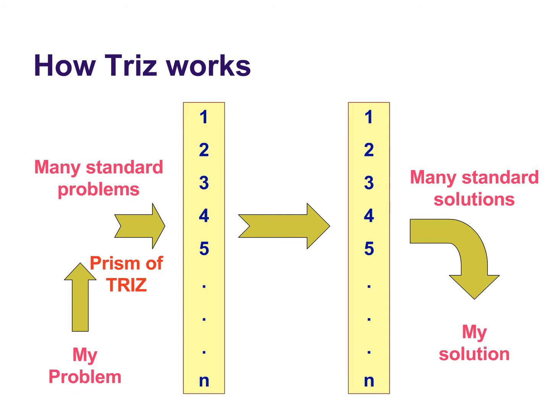So when we decompose our unique problem into many standard problems through the information idea database, we can match with whatever required, matched compatible standard solution. Then if we recompose these standard solutions, that becomes our solution for our problem.